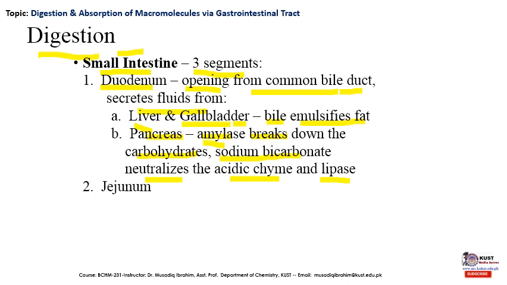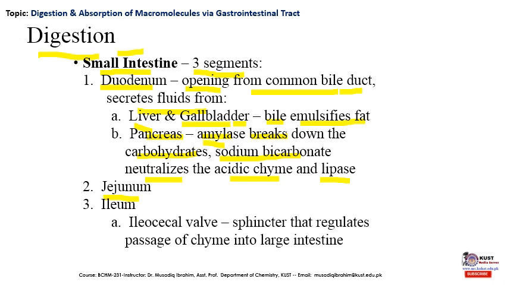Now the second segment of the small intestine is known as the jejunum, and the third and the last segment of the small intestine is known as the ileum. Now the ileum has an ileocecal valve, which is a valve between the ileum of the small intestine and the starting of the large intestine.